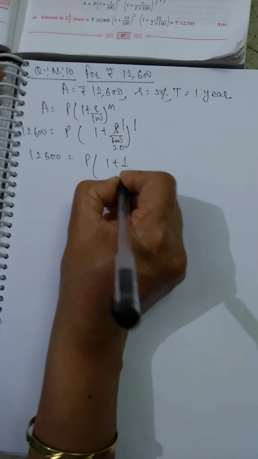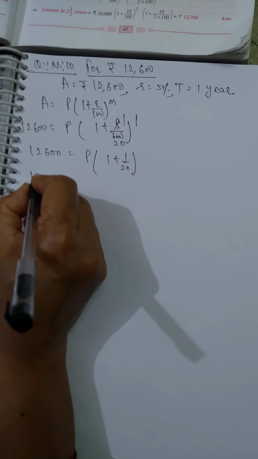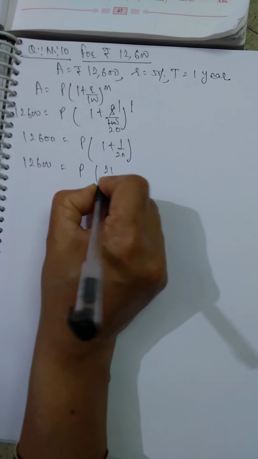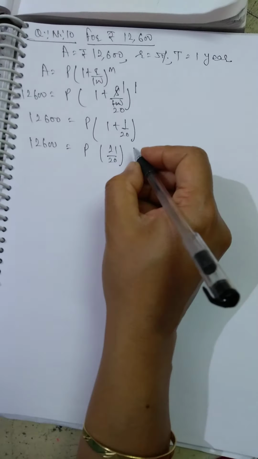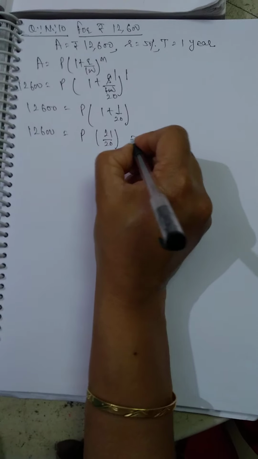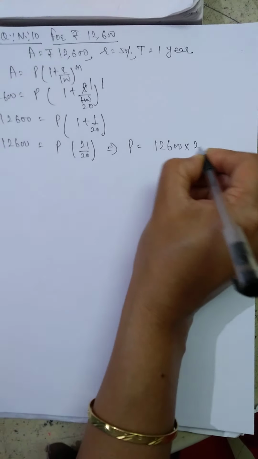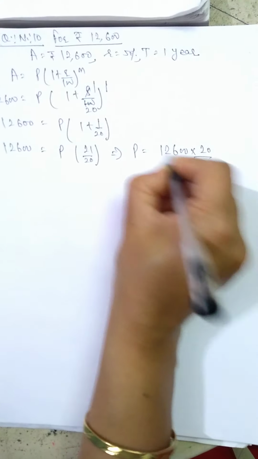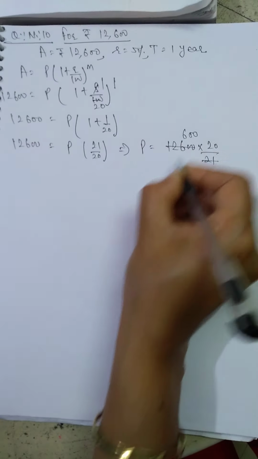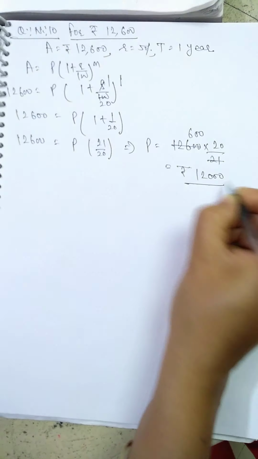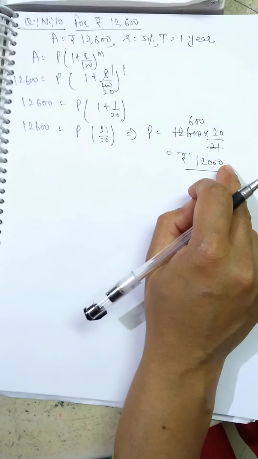Solve the bracket. After taking the LCM, we have this term 21 upon 20. Now find out the principal. This is your principal for first case.